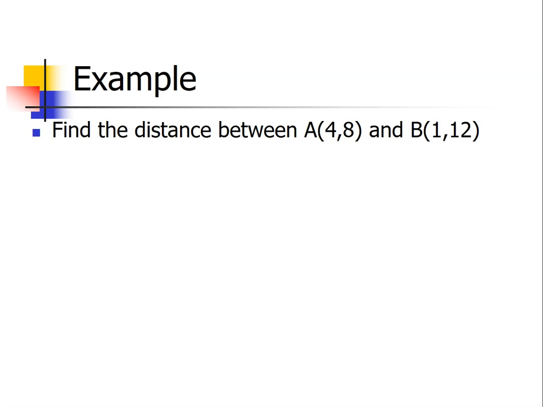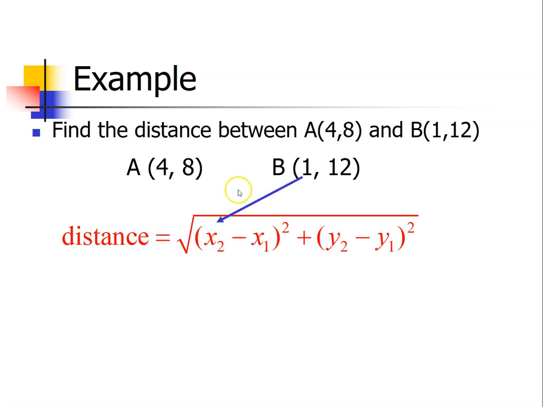First, find the distance between point A, which is (4, 8), and point B, which is (1, 12). Both of them are in quadrant number 1 because both of them are positive. So A is (4, 8) and B is (1, 12). What is the distance formula? We have the square root of x sub 2 minus x sub 1 squared plus y sub 2 minus y sub 1 squared, and then we just substitute the values there.